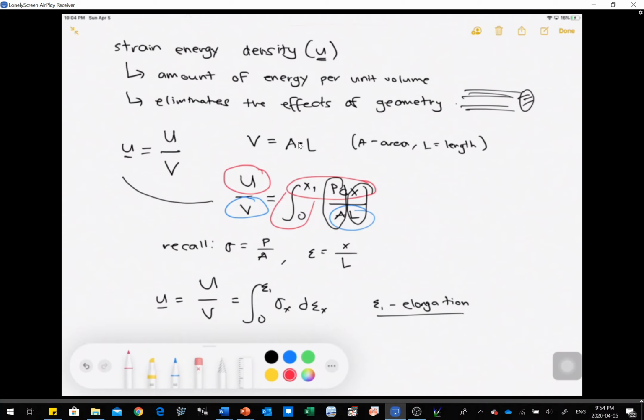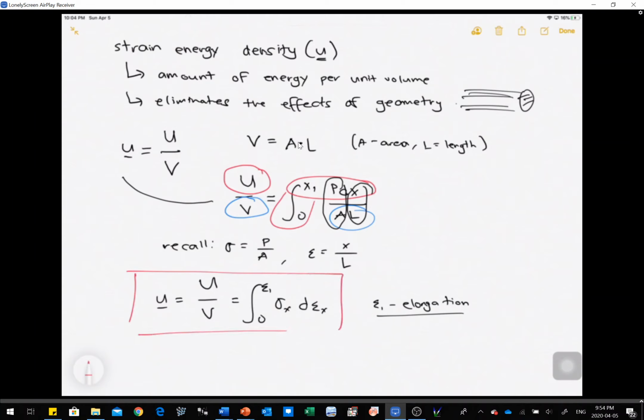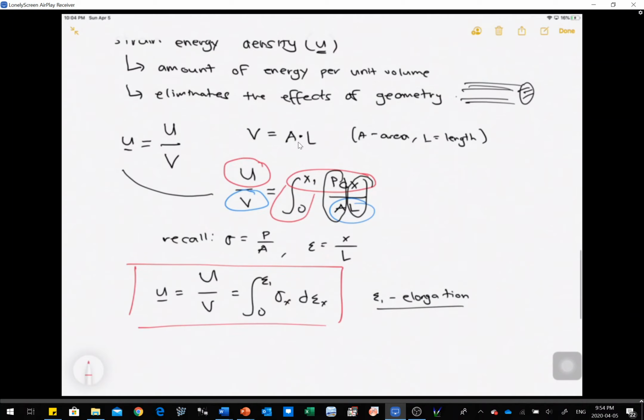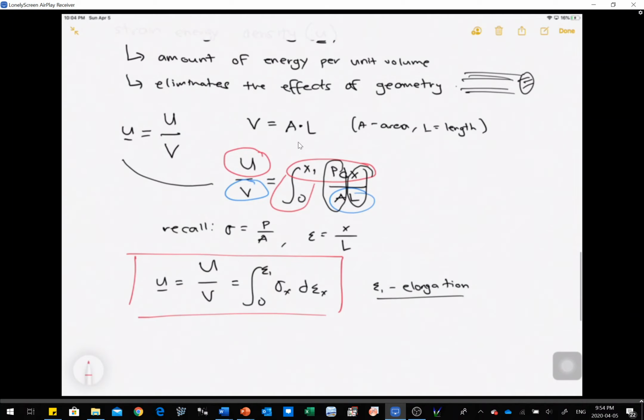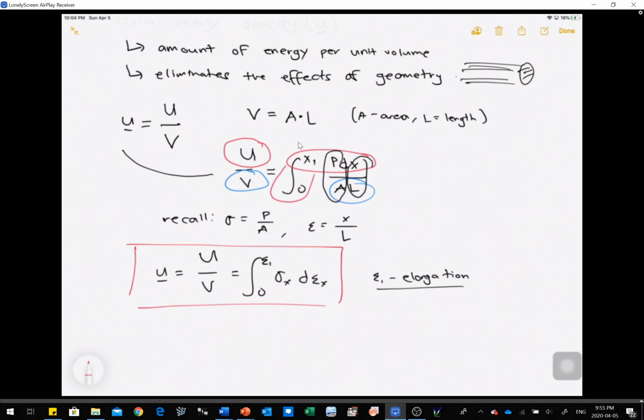So again, just to have a quick recap. First we have the strain energy equation, and then another is the strain energy density equation. It's just dividing it by the volume of your section. Now, what would be the units of your strain energy density?